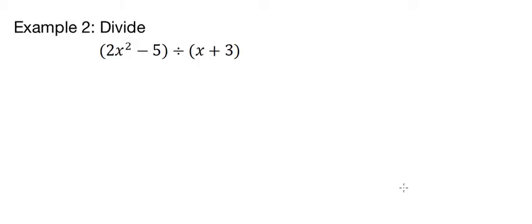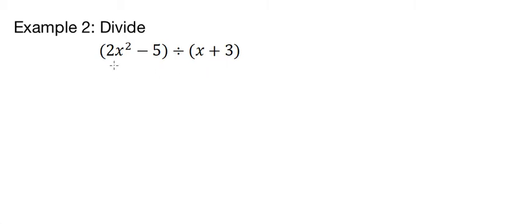Example 2, divide 2x squared minus 5 by x plus 3. Okay, when you look at the divisor, x plus 3 is of the form x plus something, so we can apply synthetic division.